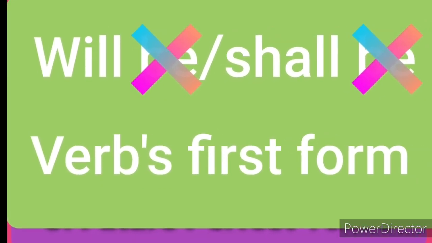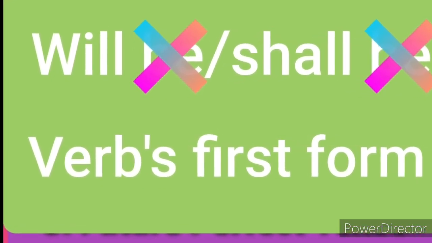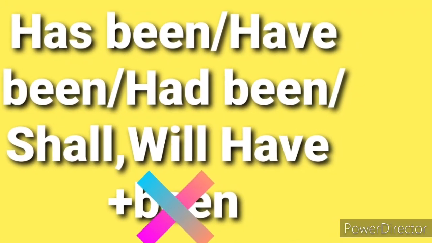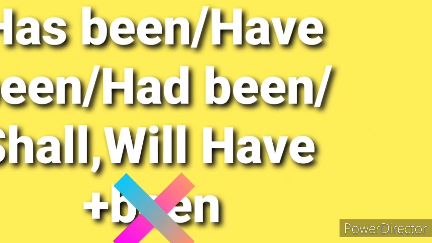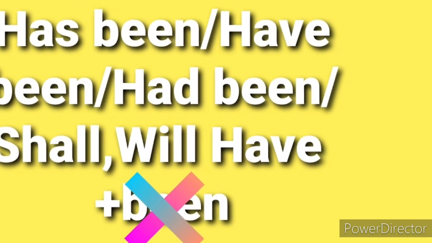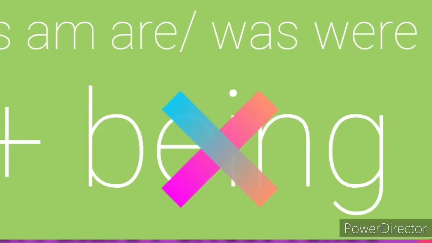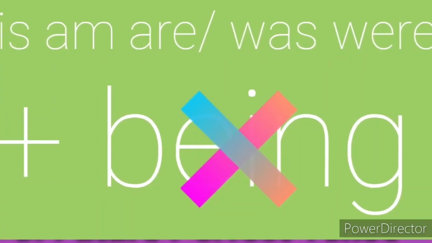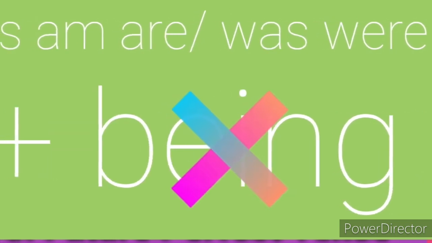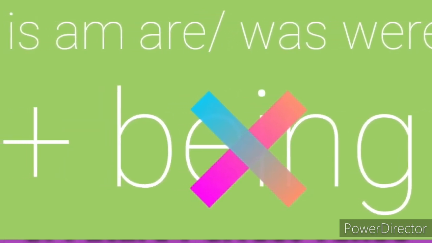So in this way a total of 8 tenses are there which we are supposed to use. Again I am repeating, for perfect tenses we are supposed to remove been and use the third form of the main verb. For the being kind of sentence, where the sentence has am, are, was, were plus being, we are supposed to remove being and add the main form with ing.